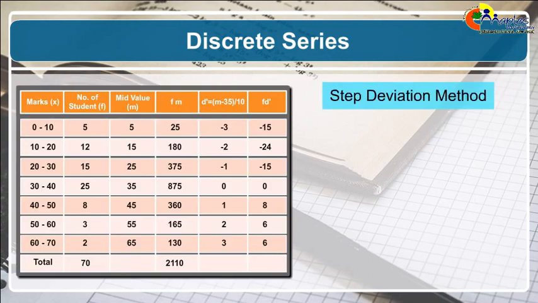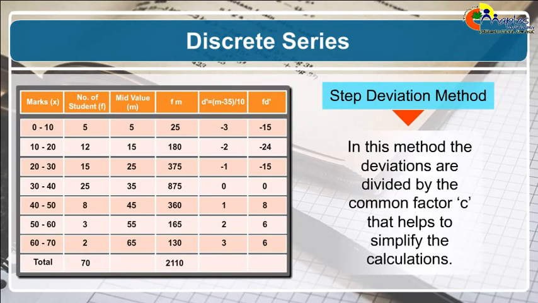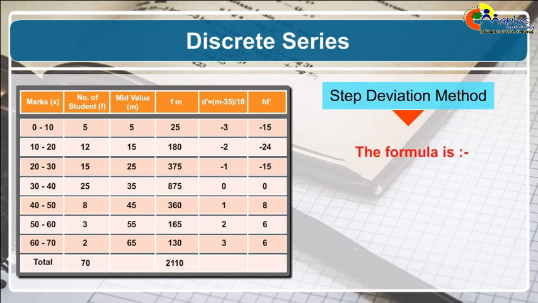Step deviation method. In this method, the deviations are divided by the common factor c, which helps to simplify the calculations. The formula is x bar = A + (Σfd'/Σf) × c.